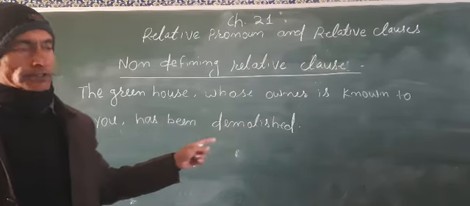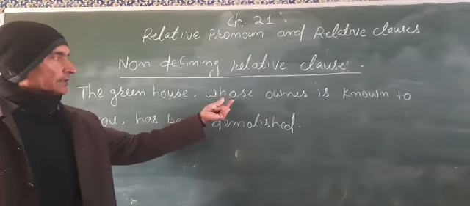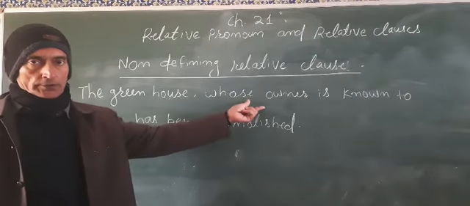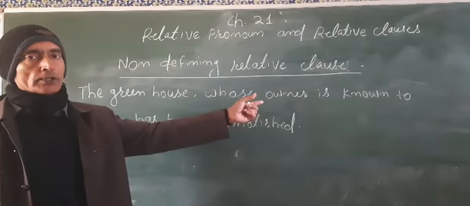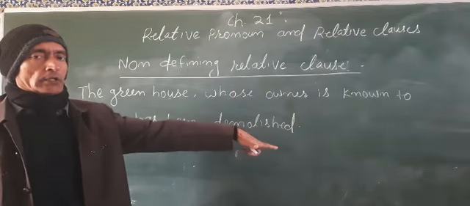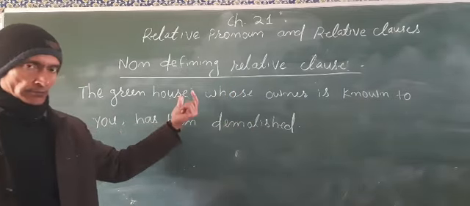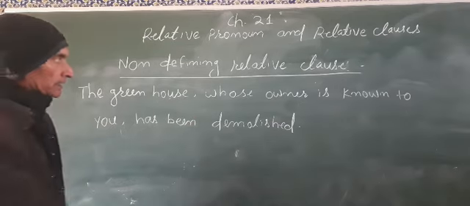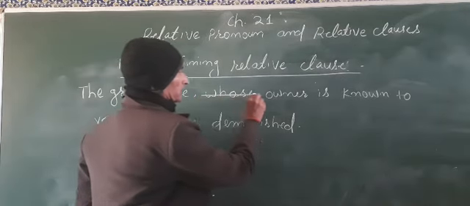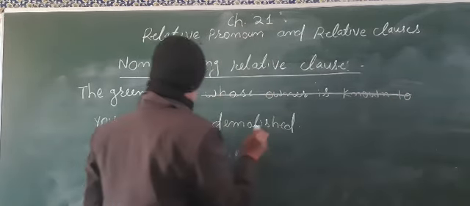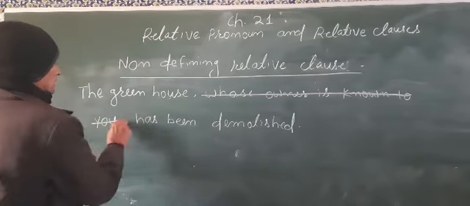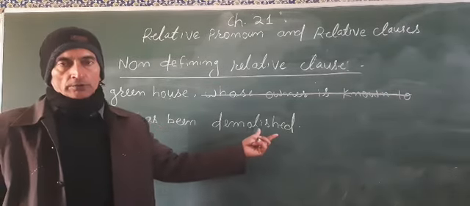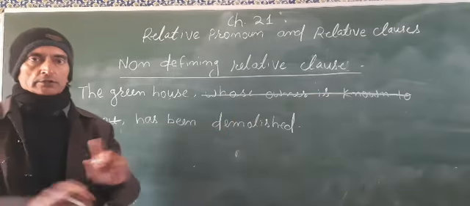Now we are putting a comma before the non-defining clause. Non-defining clause means it is unnecessary. It is giving some extra information about the subject. But if we cut the non-defining clause from the sentence, what is left is: the greenhouse has been demolished. The meaning of the sentence is complete.